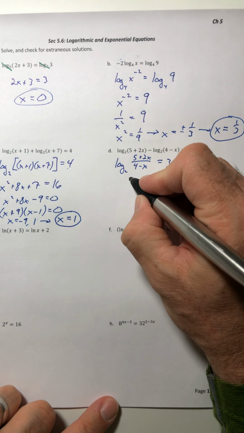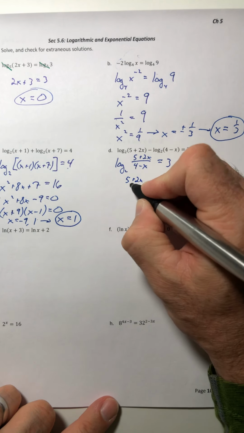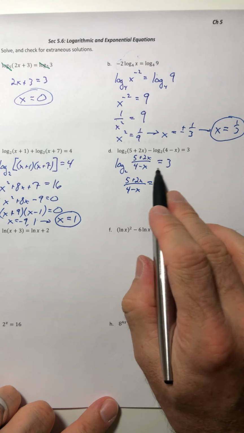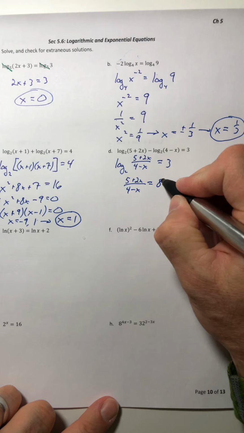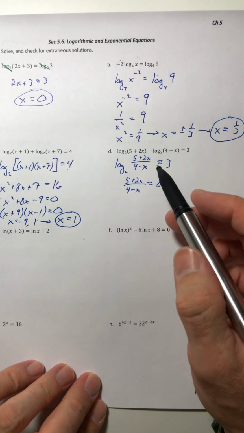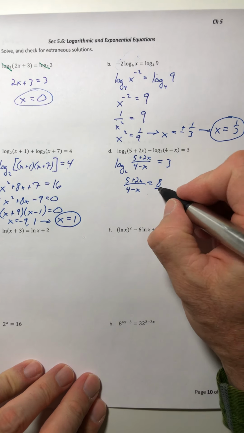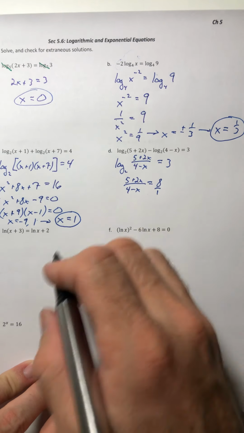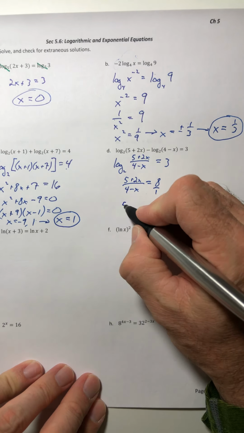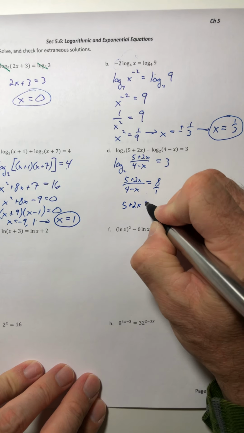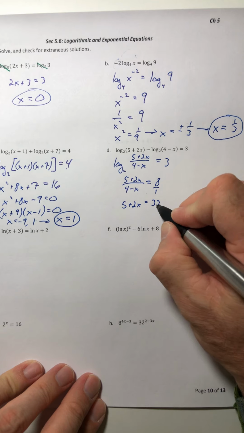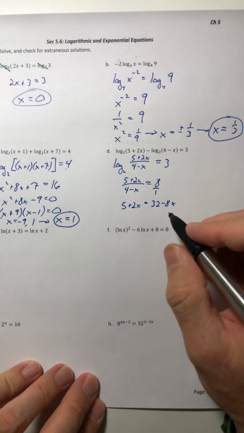So you have 5 plus 2x over 4 minus x equals 2 to the third, which is 8. Now you can pretend that's over a 1, and then you can just cross multiply. So 5 plus 2x equals 32 minus 8x.